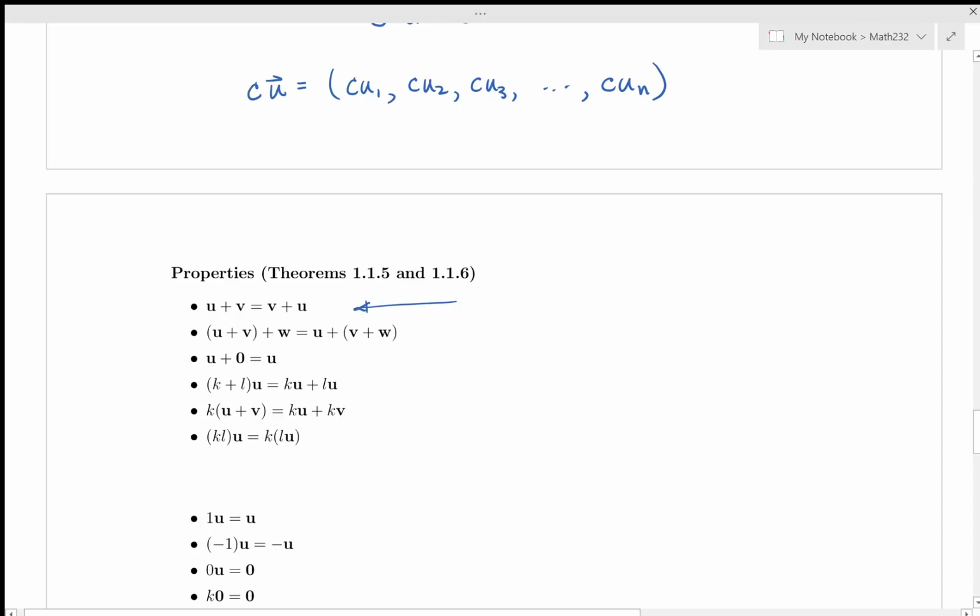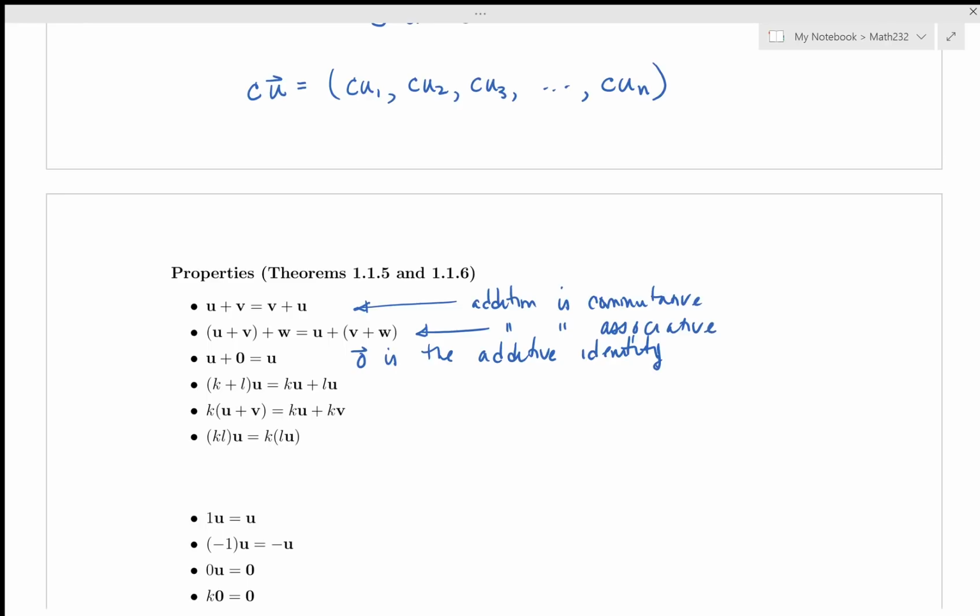Okay, so here is what we've said actually twice before. Addition is commutative. Here's another one: addition is associative. Here we have the zero vector is the additive identity. That means if we add the zero vector to any vector, it will not do anything.